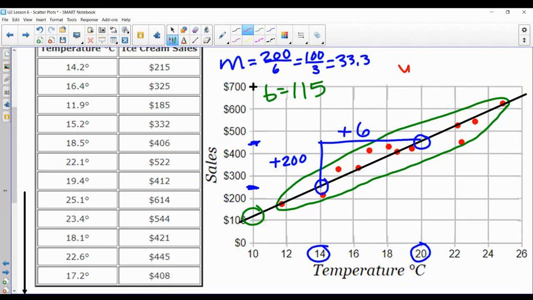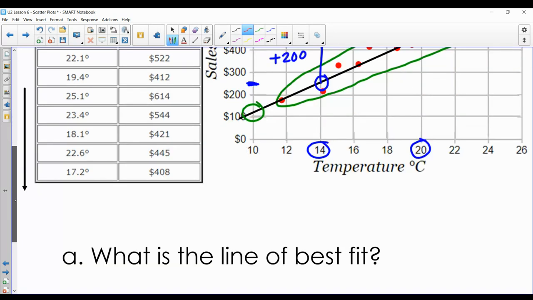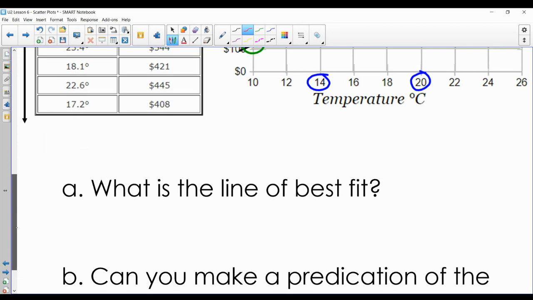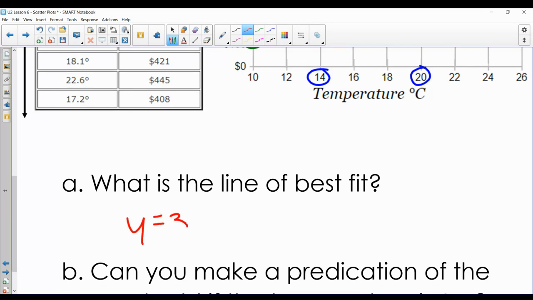So the equation of my line is y equals 33.3x plus 115. So let's write that down, 33.3x plus 115.